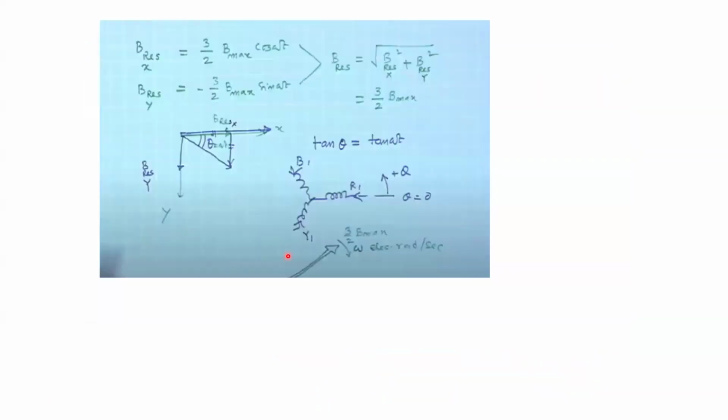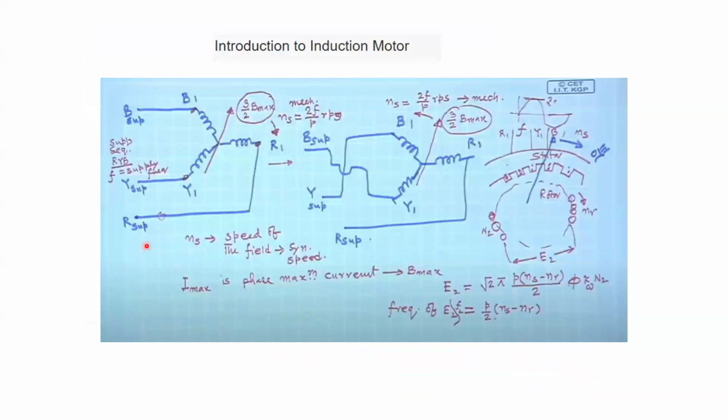Now let us come to the induction motor. How do we apply this discussion to the induction motor? Here also we have three phase windings distributed in space, and we give them a balanced three phase supply R Y B having the supply frequency f. So what will happen?